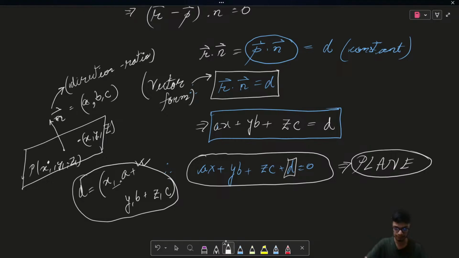Is this part clear to all of you? Is this part clear? Please let me know in the live chat.